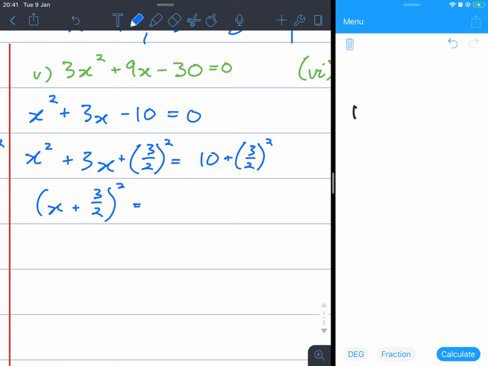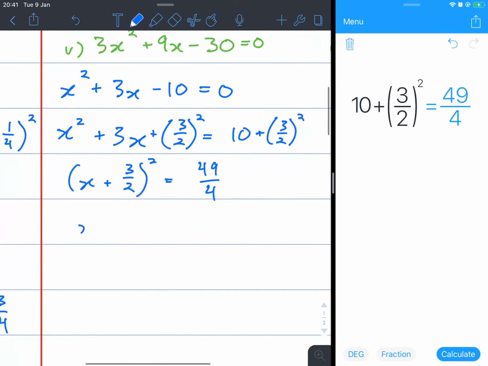Evaluating this, this gives us 10 plus 3/2 squared, 49/4. This gives us x plus 3/2 equals square root of 49 is 7, square root of 4 is 2.